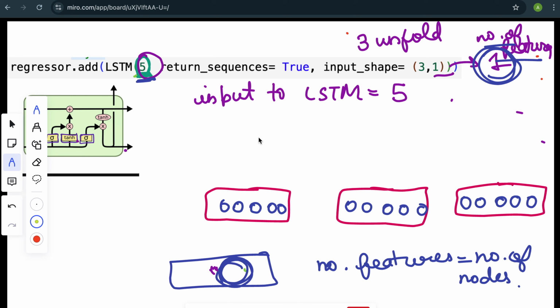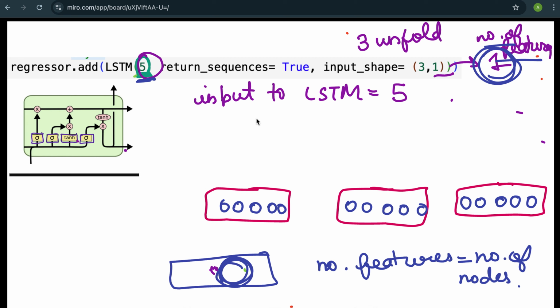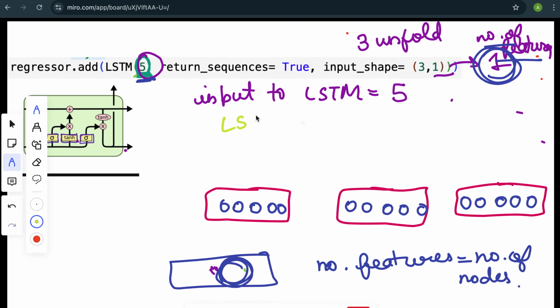The vocabulary that I'm using here is not standard. I'm just using it for my own understanding or preparation. So LSTM to LSTM connection: 5 nodes will be connected with 5 nodes, that is within themselves. So it is going to be 5 times 5.